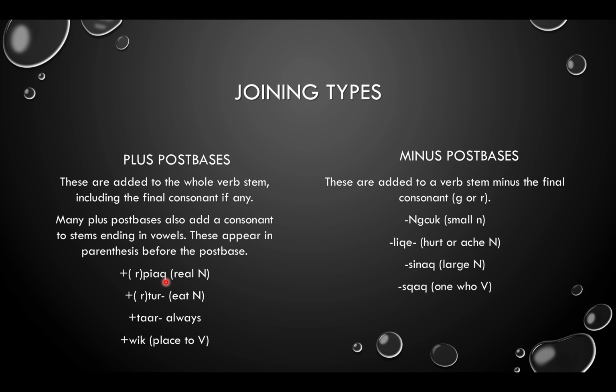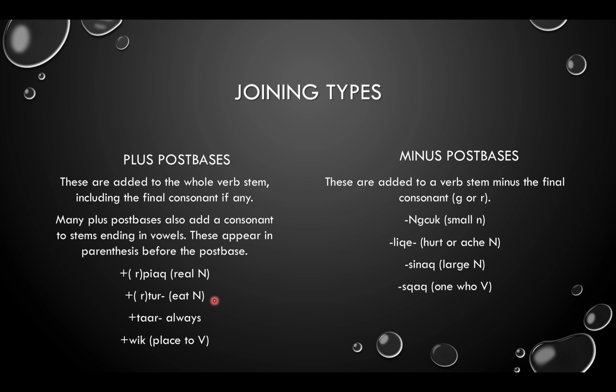If you're going to add it to a stem that doesn't end in a vowel, you won't add the R, you'll just add piak. We'll go over some more examples of those in the example slide. A couple other plus postbases are doch, which means to eat, dag, which means always, and wik, which is a place to do something.